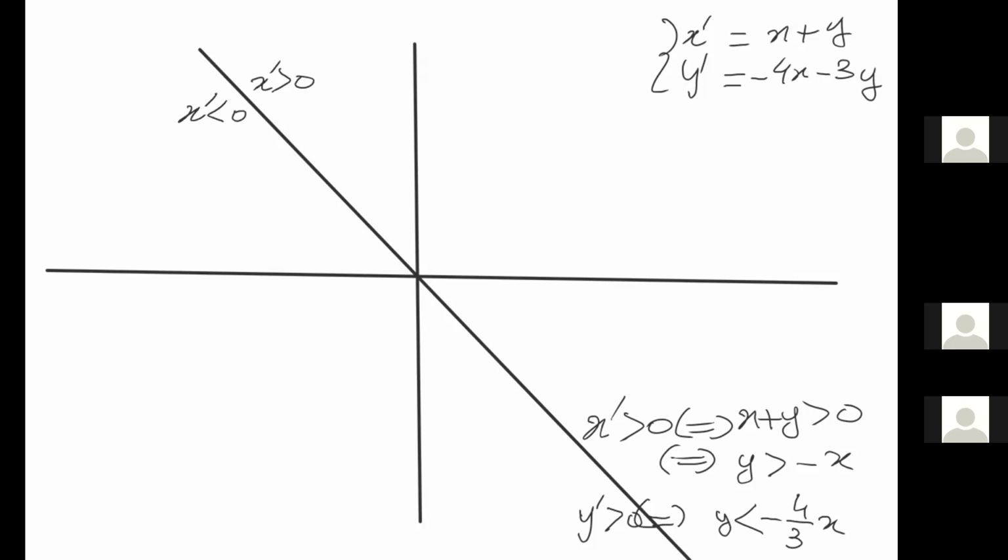For the second null line, I obtain here y prime greater than 0, and here y prime negative.